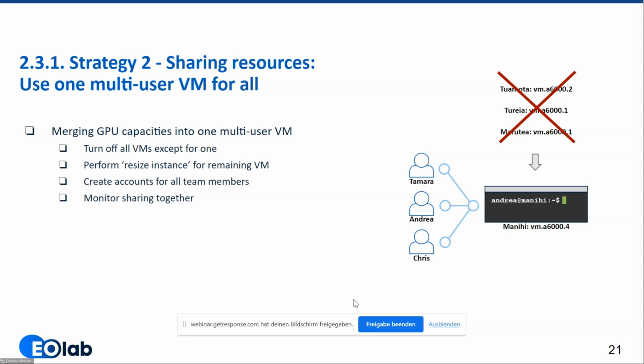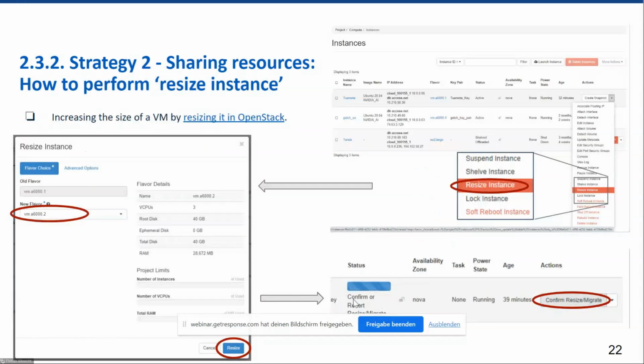Afterwards, you should monitor the sharing together so that you can understand who uses which amount of credits. The resize process is maybe this tool for scaling up your resources that you can do.